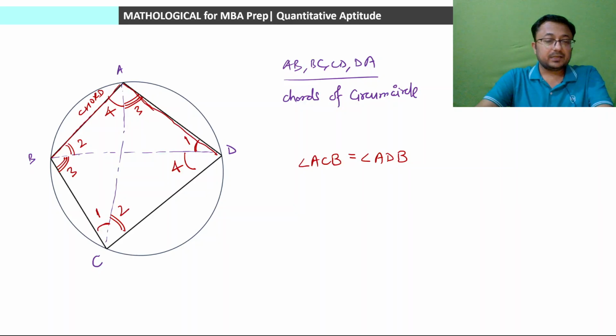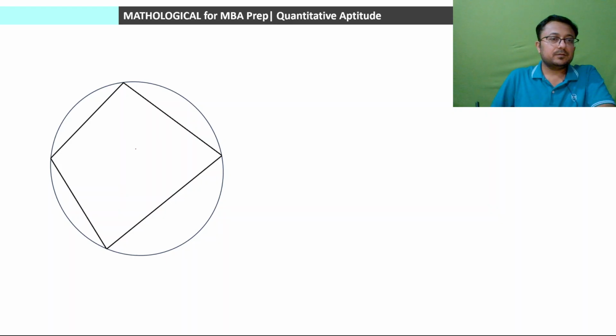Next important property: same as the sides AB, BC, CD and DA, the diagonals of the cyclic quadrilateral are also chords of the same circle. So BD as well as AC are chords of the circle.